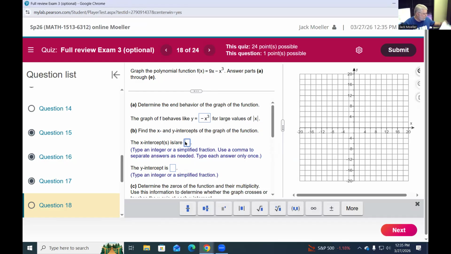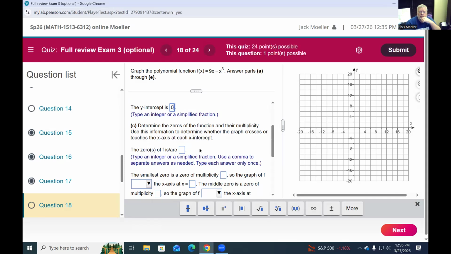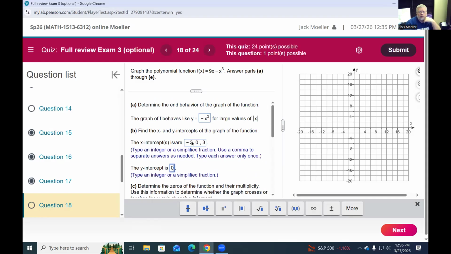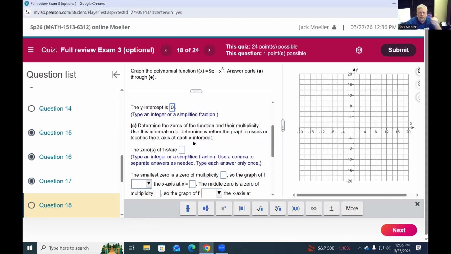The x-intercepts we saw were, now notice it didn't say anything about the order, but again, I think it's always good to put these x-intercepts in order. So negative 3, 0, and 3. The y-intercept, when we plugged in x equals 0, we got y equals 0. Now determine the zeros of the function and their multiplicity. So the zeros are the x-intercepts. Same answer, negative 3, 0, 3.